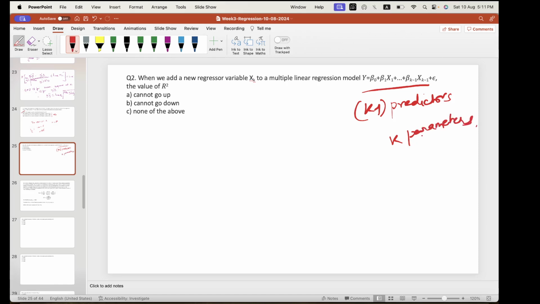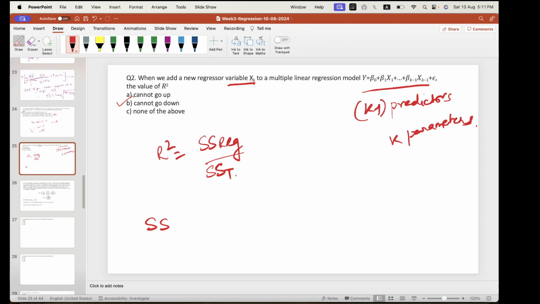Now we are adding a new regressor variable. So the value of r square cannot go down, because what r square is measuring is SS due to regression by SS total.